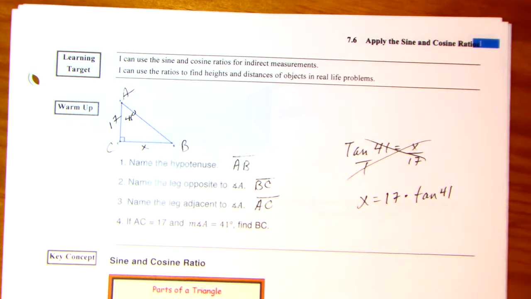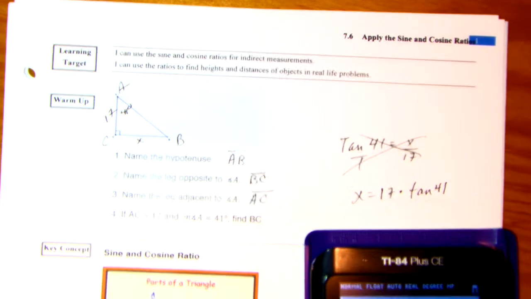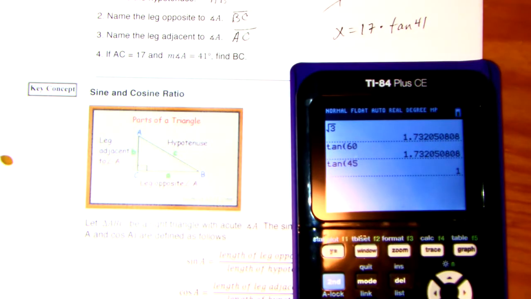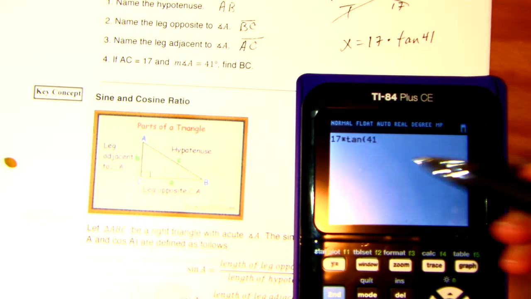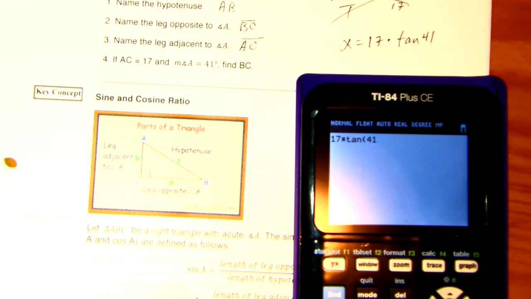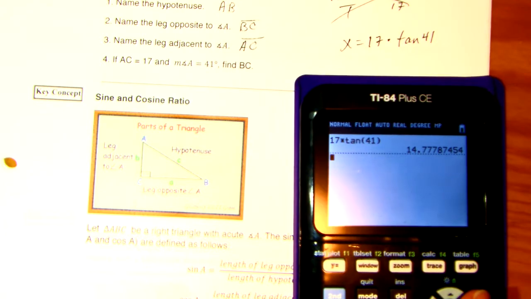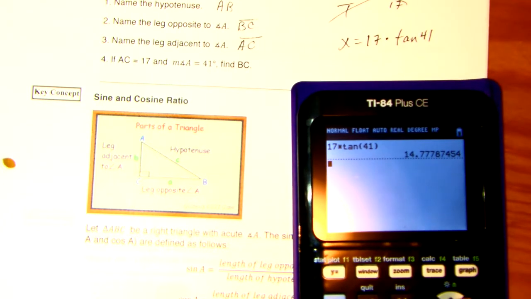All right, so getting the calculator out. I'm going to put 17 times tangent of 41. Now, the graphing calculators will automatically put that parenthesis in there in its memory, but I think it's a good habit to close it yourself. About 14.7777. Okay, now the standard rule, if it doesn't tell you how many decimals, go ahead and put 3.